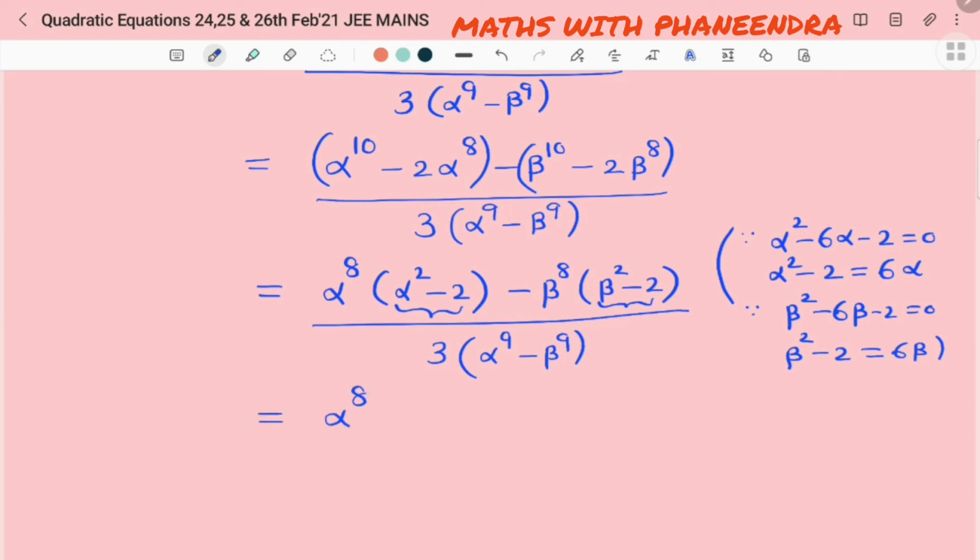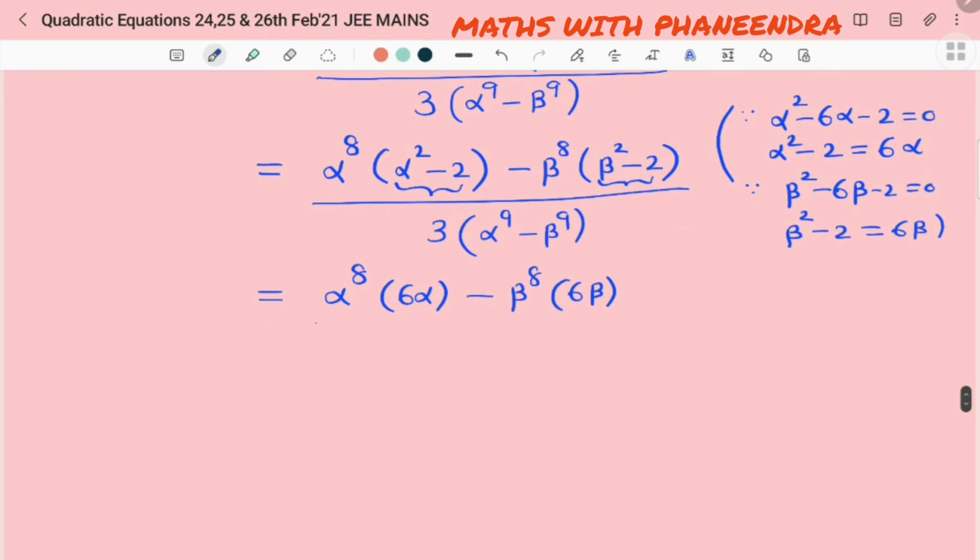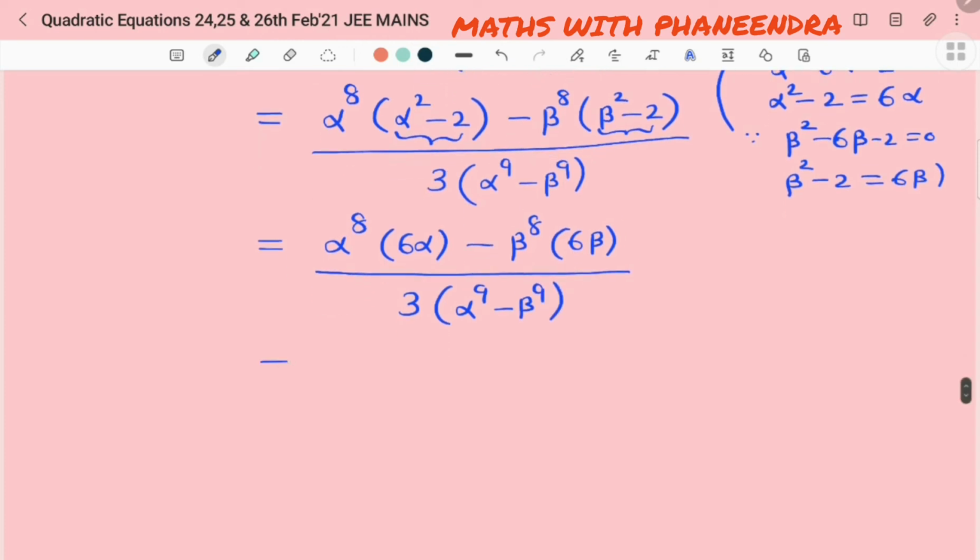Alpha power 8 into 6 alpha minus beta power 8 into 6 beta, divided by 3 times of alpha power 9 minus beta power 9, which is equal to 6 into alpha power 9 minus 6 into beta power 9, divided by 3 times of alpha power 9 minus beta power 9.